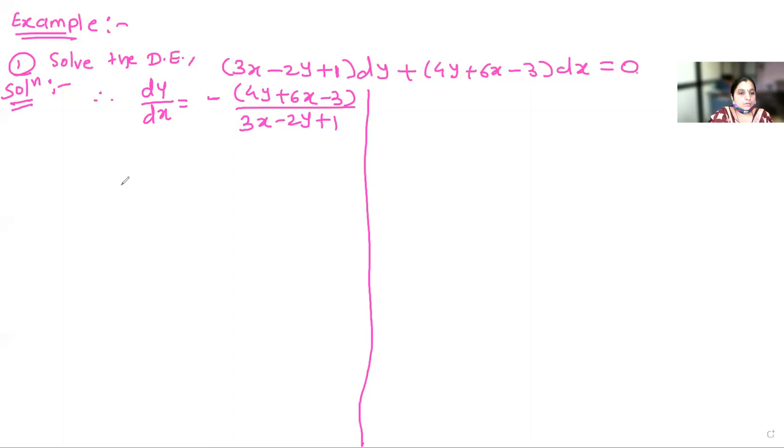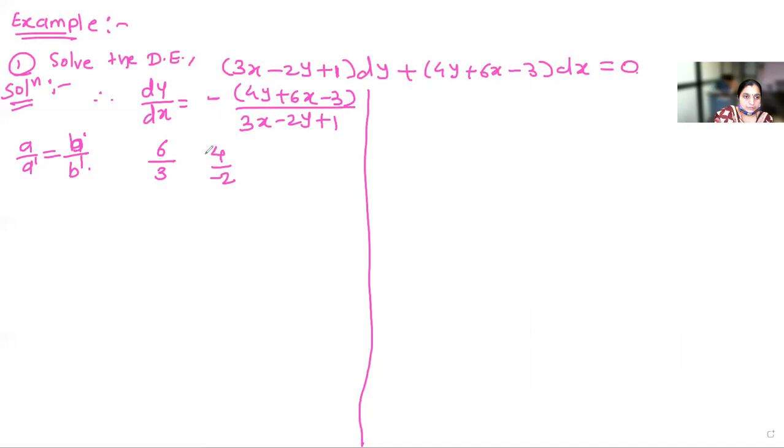Now we first check whether the ratio a upon a dash is equal or not equal to b upon b dash. What are a and a dash, b and b dash? They are nothing but the coefficients of x and y in this linear equation. Here a is 6, a dash is 3, and b is 4, and b dash is minus 2.